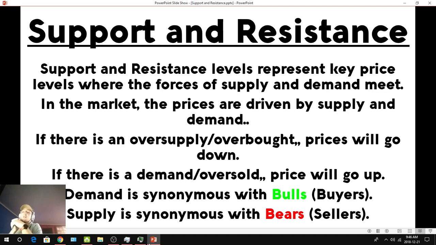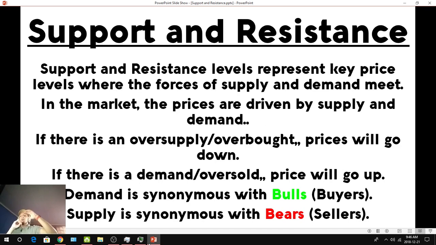Basically, what that means, guys, is that in an overbought area, when the price is high, there's an oversupply. That's not just for crypto, that can be for stocks in general. That's just a broad picture of support and resistance, correct?